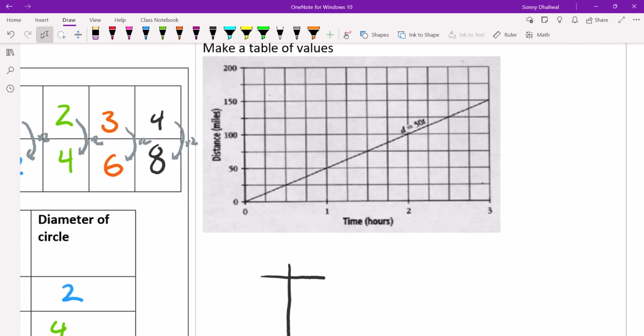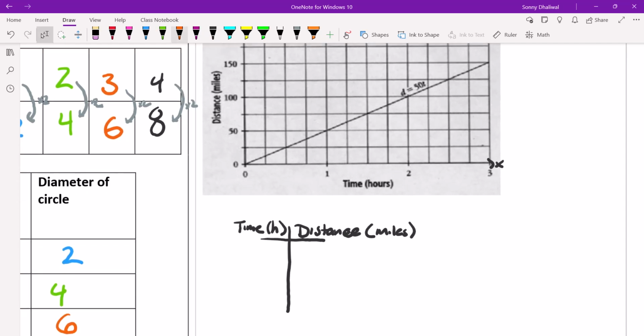Time. We put x first, right? So this is our x-axis here, our horizontal one. So we're going to put time here. And we're going to include the units. We'll put in h for hours, right? That means distance goes over here, and we'll put in miles.